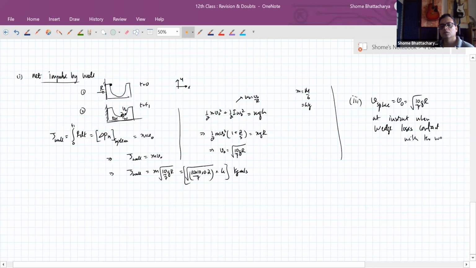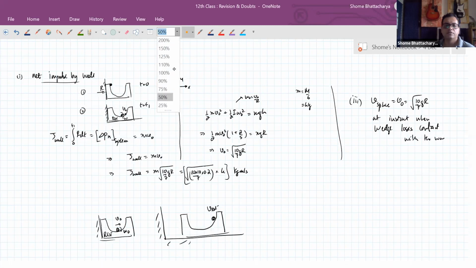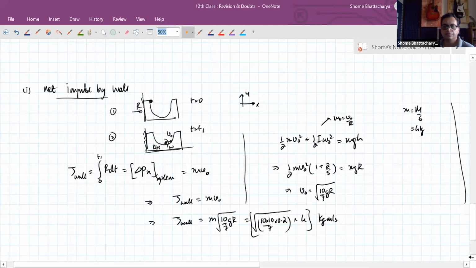So now we have to go from this image where this is having v naught and this is having omega naught, and this one is at rest, to a situation where now this happens. The ball has already lost contact with the wedge. The wedge is in a state of motion, and the sphere has reached this highest point. So it is at rest with respect to this thing. Okay. Just magnify this a little. It's difficult to see.